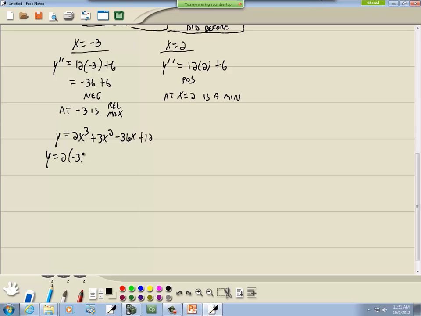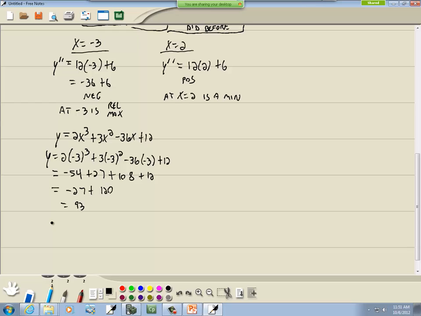We got 2 times -3 to the third plus 3 times -3 squared minus 36 times -3 plus 12. -3 to the third is -27 times 2 is -54. -3 squared is 9 times 3 is 27 plus 108 plus 12, which gives us -27 plus 120, which gives us 93, I believe.